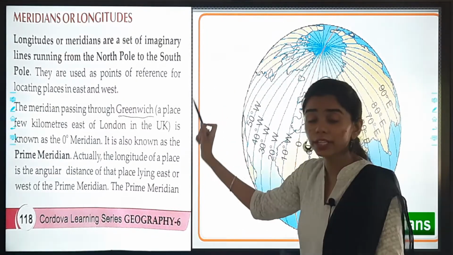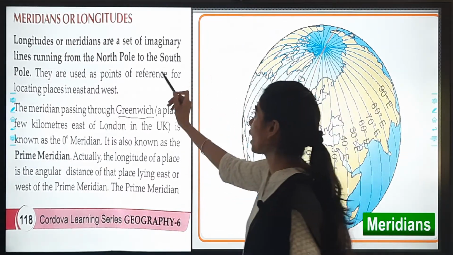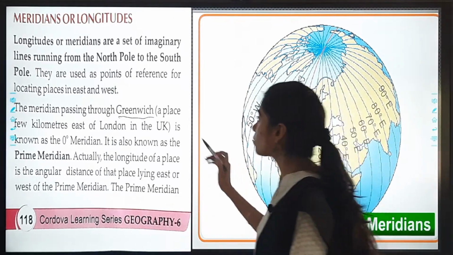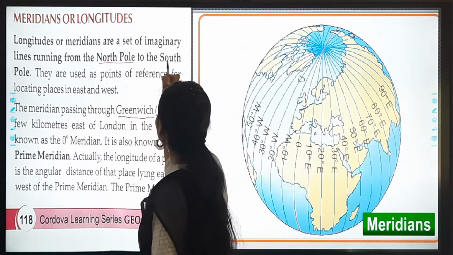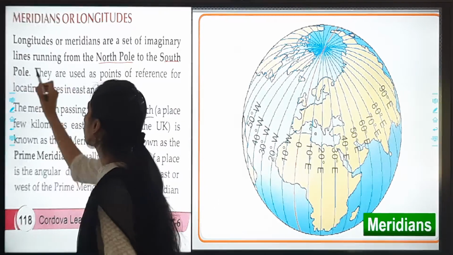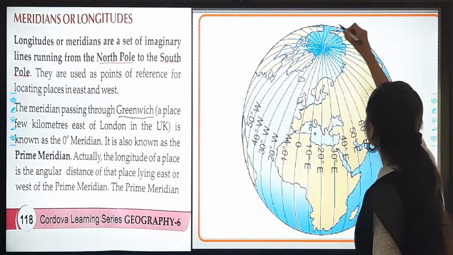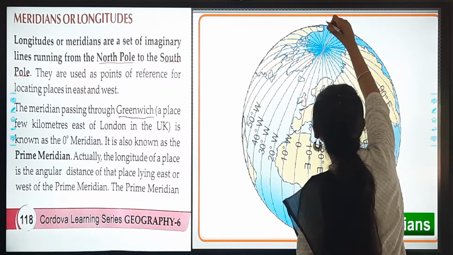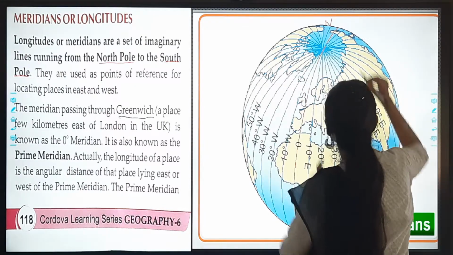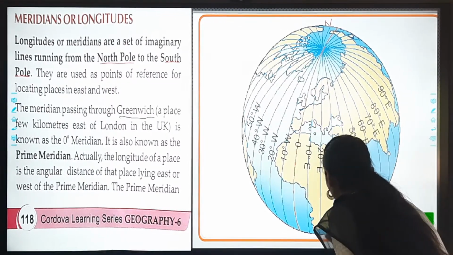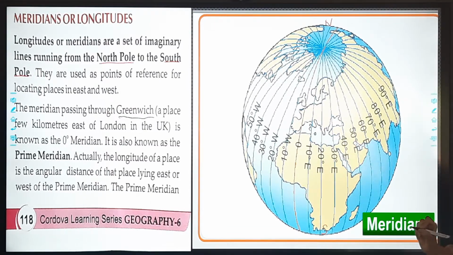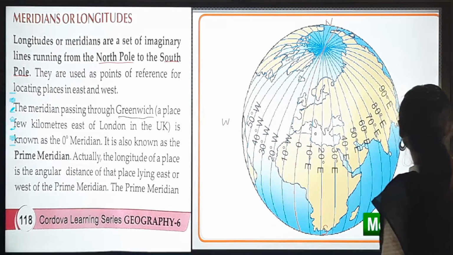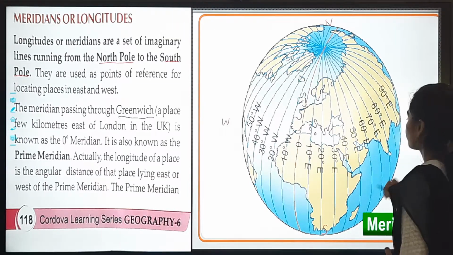Longitudes or meridians are a set of imaginary lines running from the North Pole to the South Pole. This is your North Pole. There is no place over here, so I am writing here, and this is your South Pole. This is West, this is East.